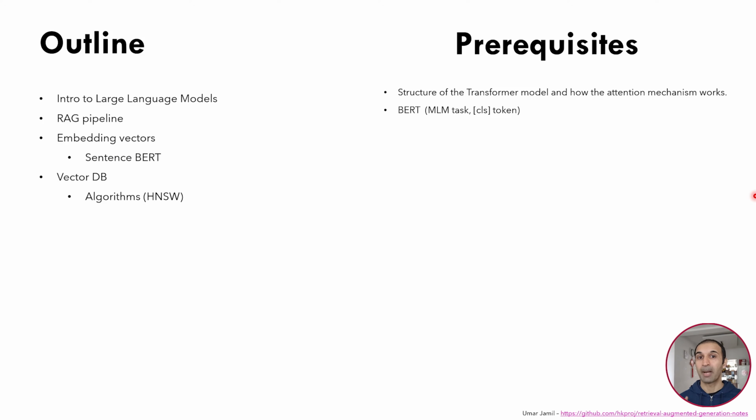We will then move on to the pipeline that makes up the Retrieval Augmented Generation, with particular reference to the embedding vectors and how they are built, what they are, and we will also explore the architecture behind Sentence BERT, which is one of the ways to generate embeddings of sentences. And then we will move on to vector databases, what they are, how we use them, and how the algorithm of a vector database works in finding a particular vector that is similar to a query.